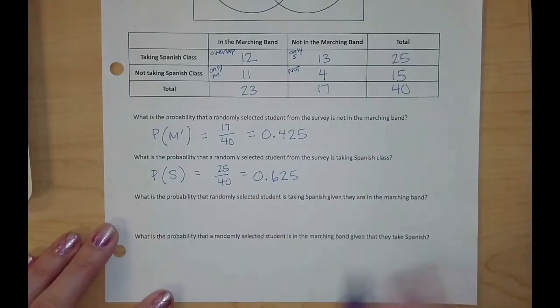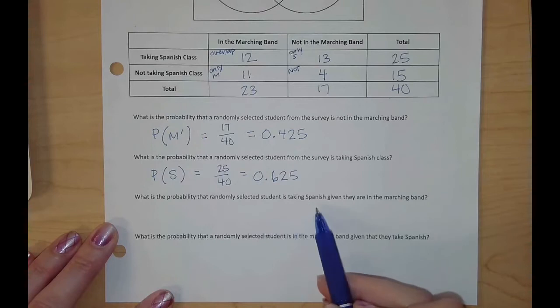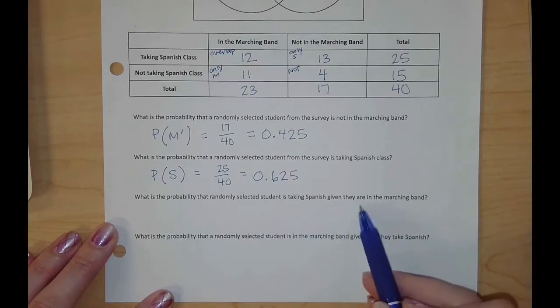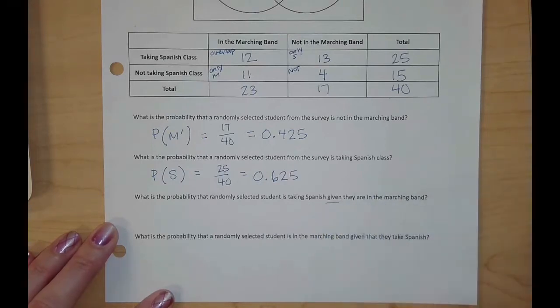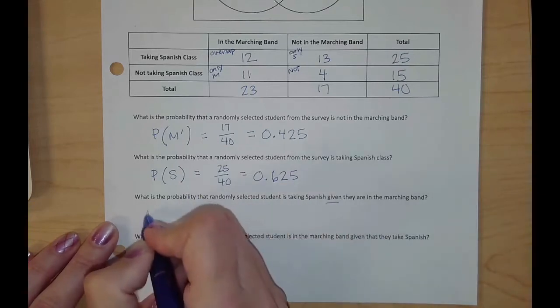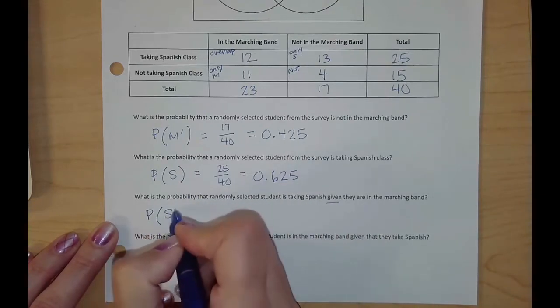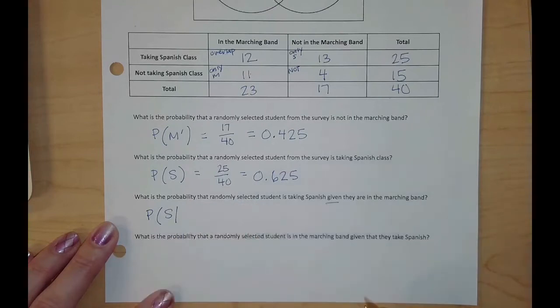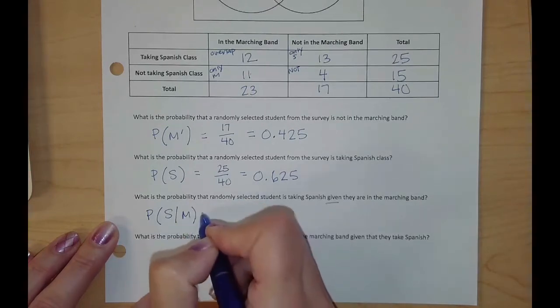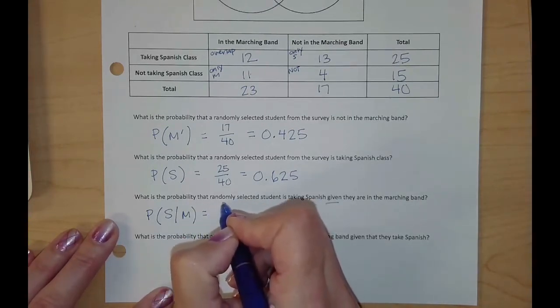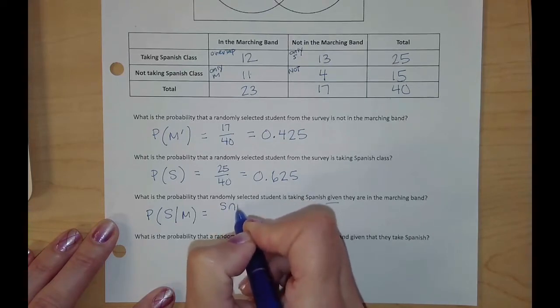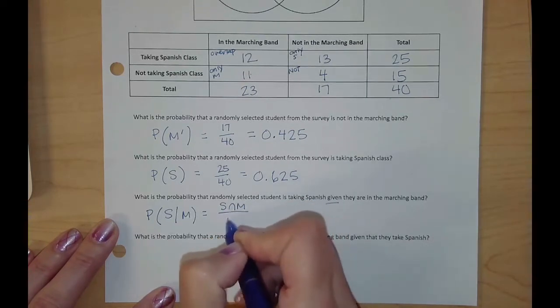What is the probability that a randomly selected student is taking Spanish given that they are in the marching band? So we just love this word so much. This is the probability of Spanish given marching band. Remember, that is Spanish intersect marching band over marching band.